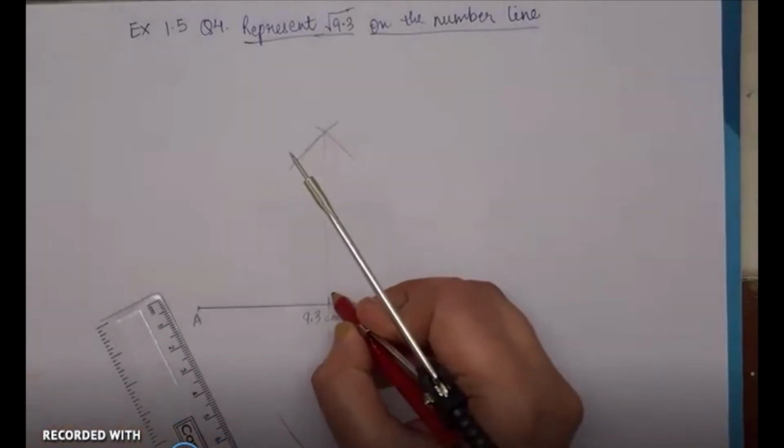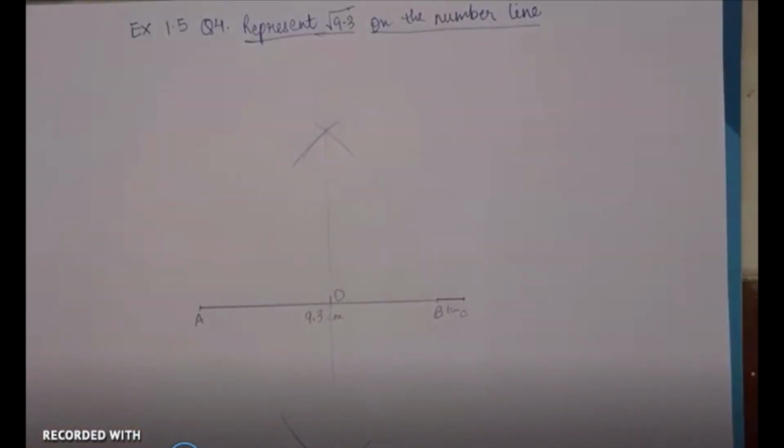So now I have got the point O, which is the midpoint of AC.